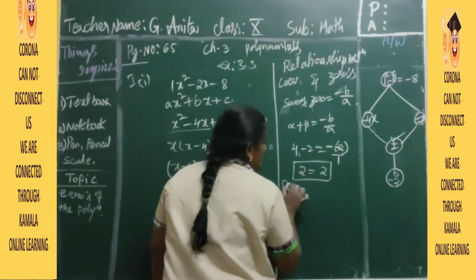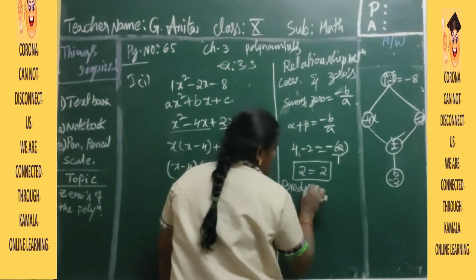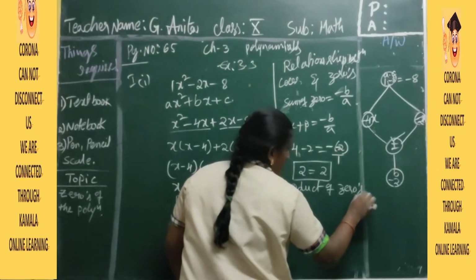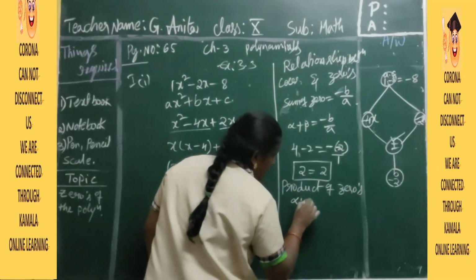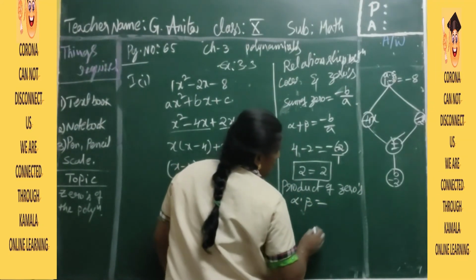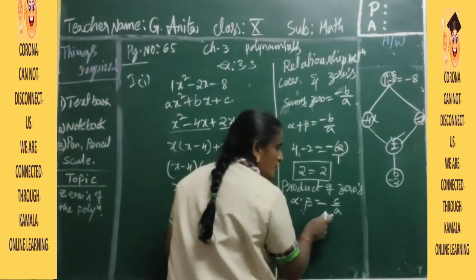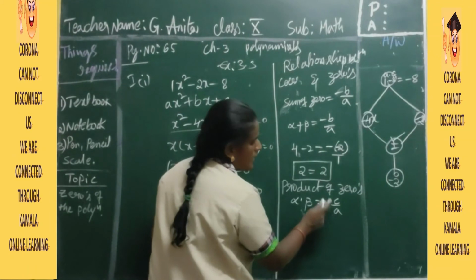Next, product of zeros. Alpha into beta is equal to, what is the formula? C by a, constant term by coefficient of x square.